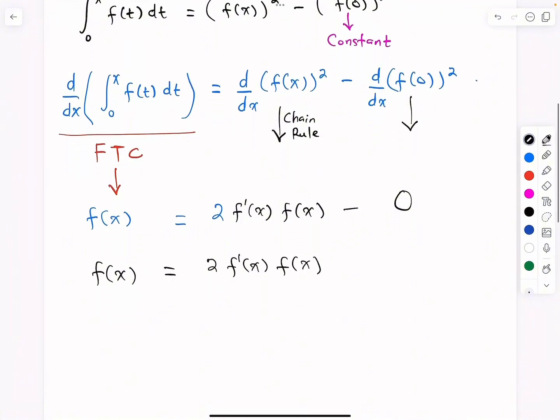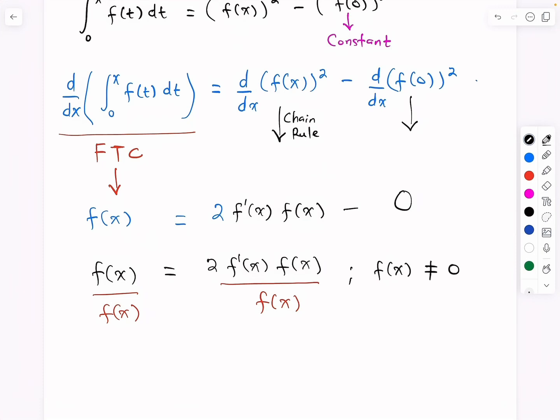The next thing I have to do is divide both sides by f of x. For this question, I put a restriction that f of x should not equal 0, because if f of x equals 0, the question no longer makes sense; anything divided by 0 is undefined on your calculator.